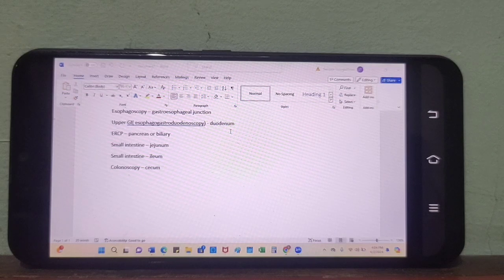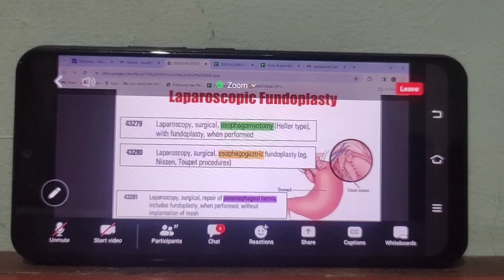When repeated examination is planned, go for 53. That's it. Clear now?